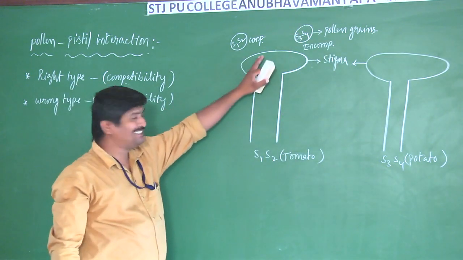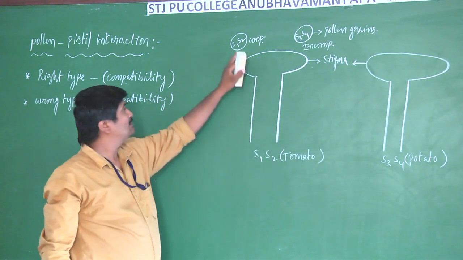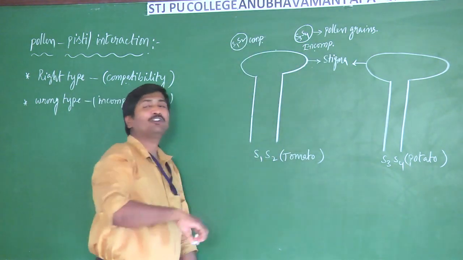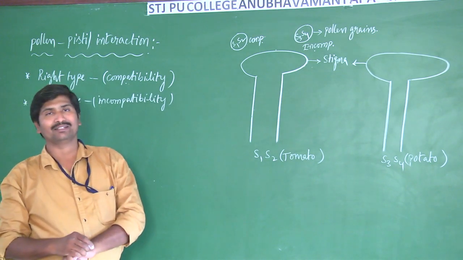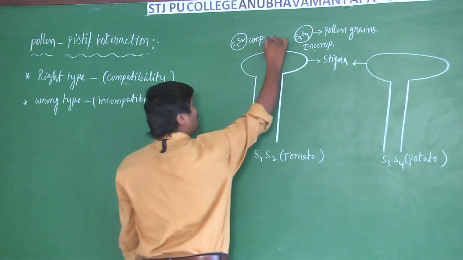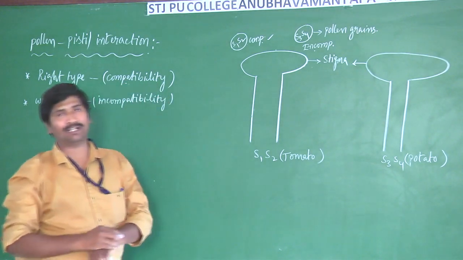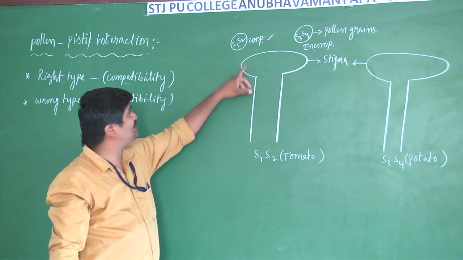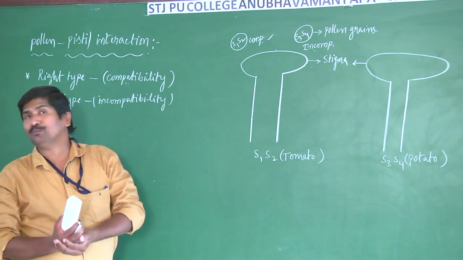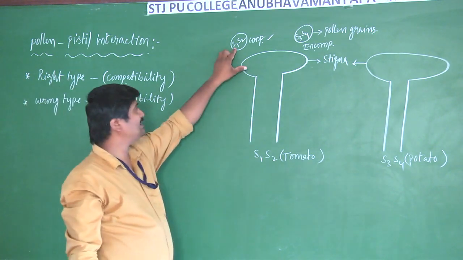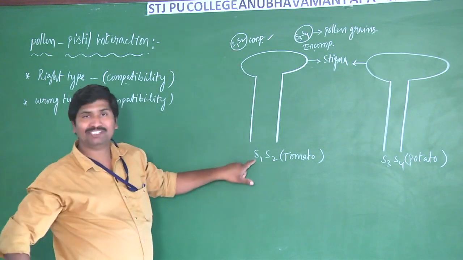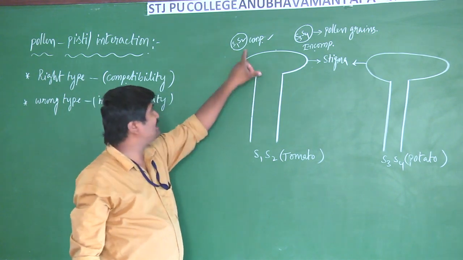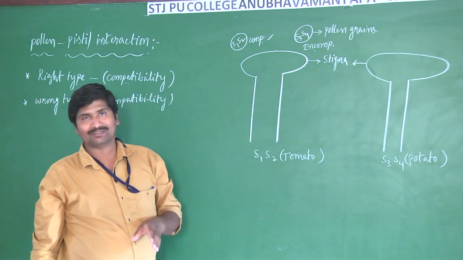So the pistil rejects the incompatible pollen grains. Which pollen grain is accepted? The compatible pollen grain. Why does the pistil recognize and accept the compatible pollen grain? Because both contain the same genes. That's why the pistil accepts the compatible pollen grains.